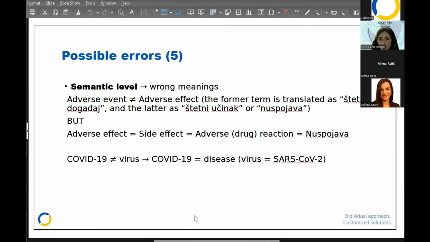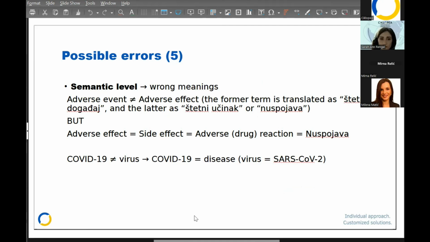As for the semantic level, here we basically deal with wrong meanings. So for example, I very often encounter that adverse event and adverse effect are translated the same. But first and foremost, these two terms do not even have the same meaning, although very similar. But adverse event is something that can happen to a patient that is not necessarily related to the medicinal product that has been administered.